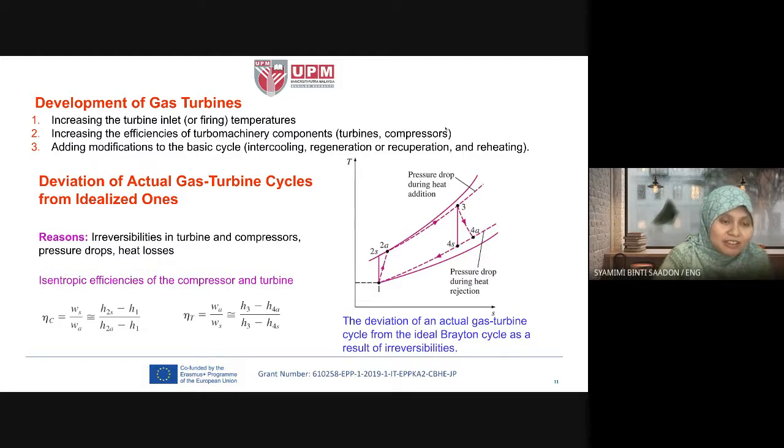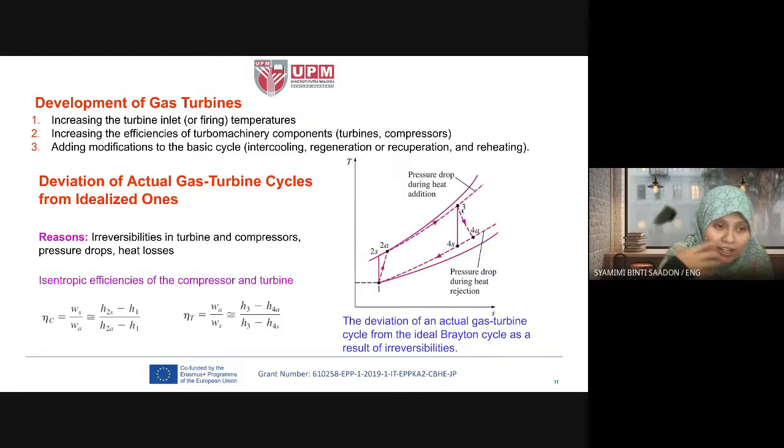Okay, so of course we want to increase the performance of the gas turbine engine. So, methods that researchers, scientists have done in order to increase this performance. One way is to increase the turbine inlet or firing temperature, like T3 just now, as much as we can.